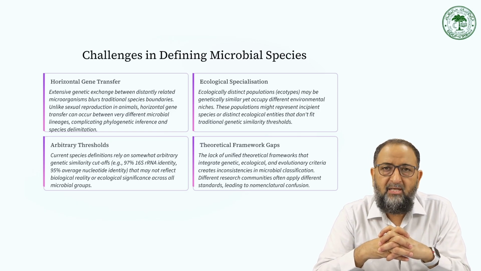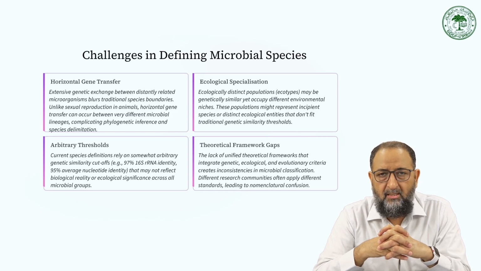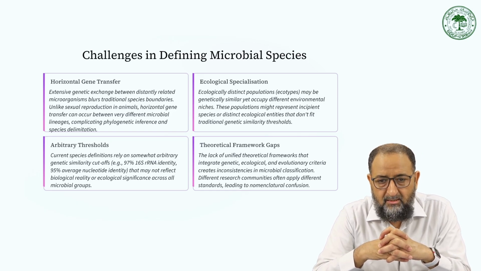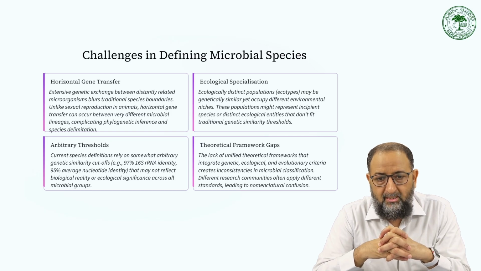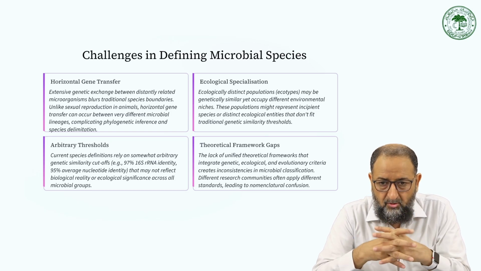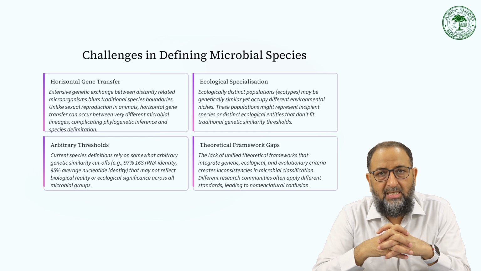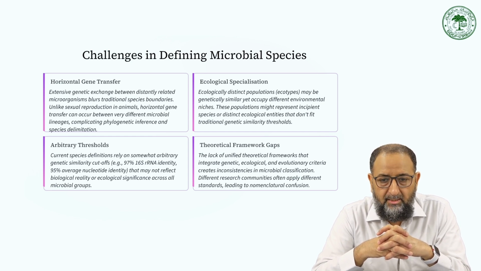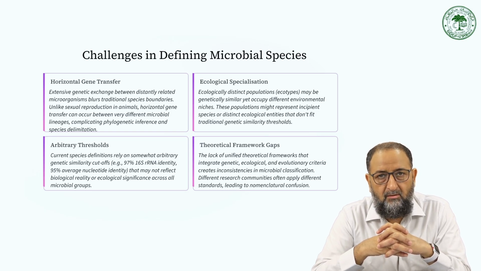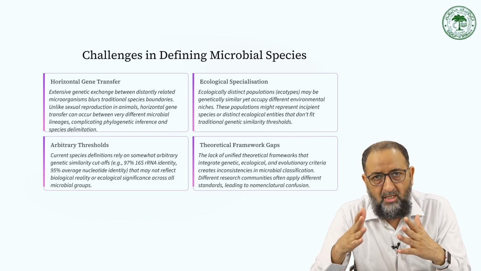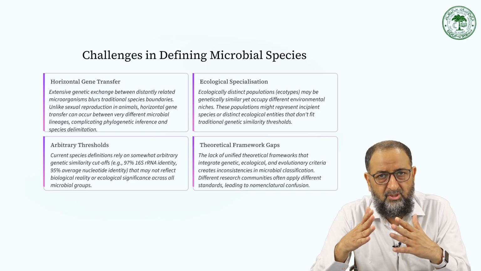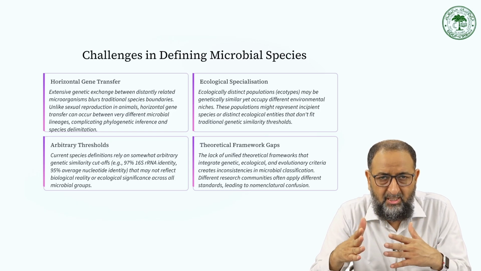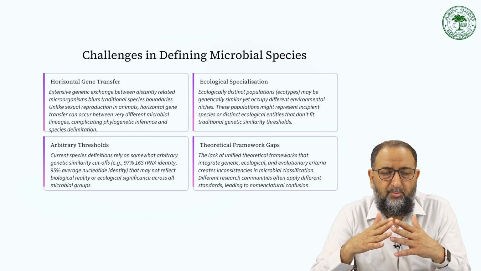Now, theoretical framework gaps: sometimes there is a lack of a unified theoretical framework that integrates genetic, ecological, and evolutionary criteria, as we discussed already. Different research communities or researchers often apply different standards, leading to questions about non-culturable bacteria: how should nomenclature be set, what kind of nomenclature, how should species names and genera names be given?